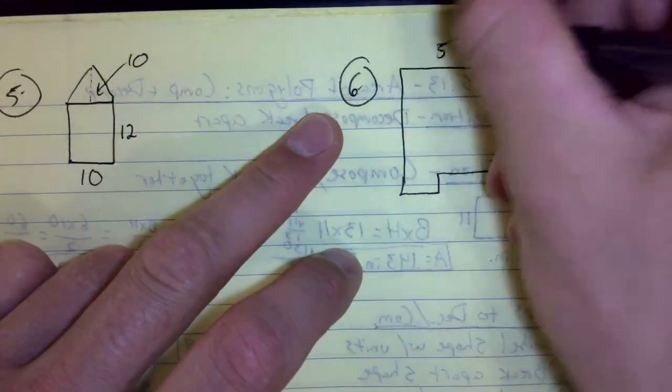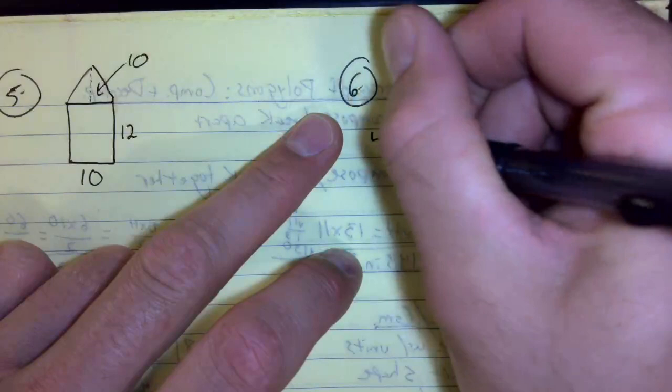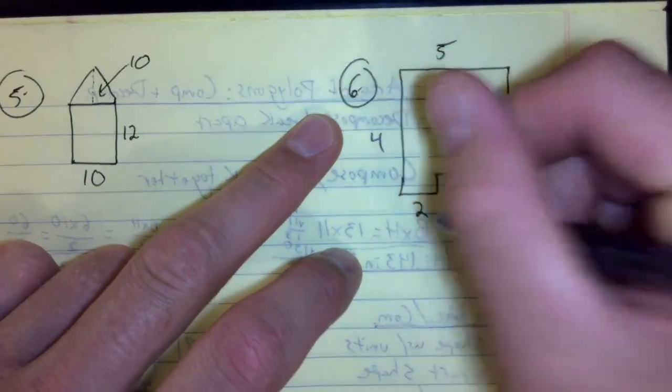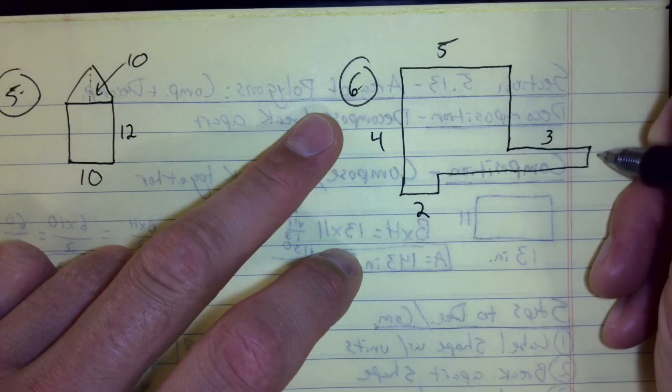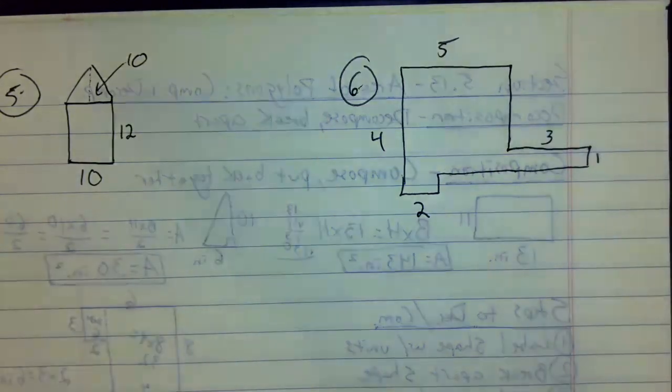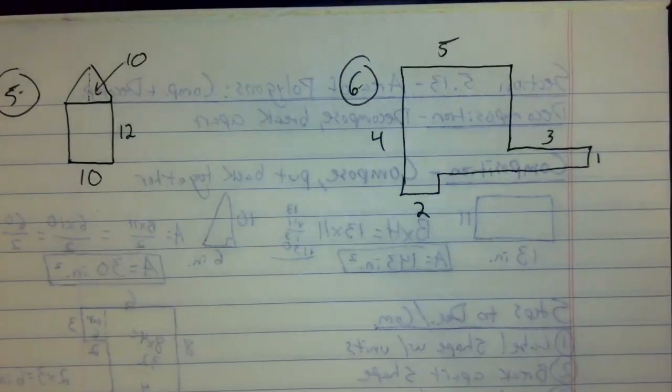So we know this is 5, this is 4, this is 2, this is 3, and this is 1. So take a look, and on this, go ahead and break these apart and find the areas of both shapes. Go and try numbers 5 and 6 on your own.